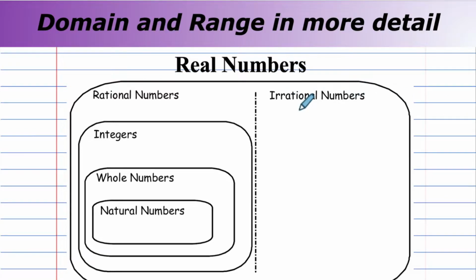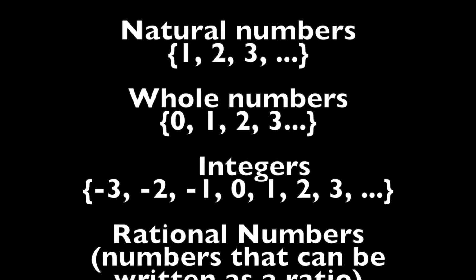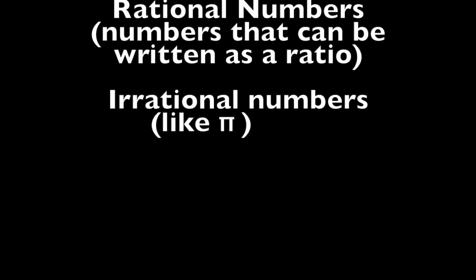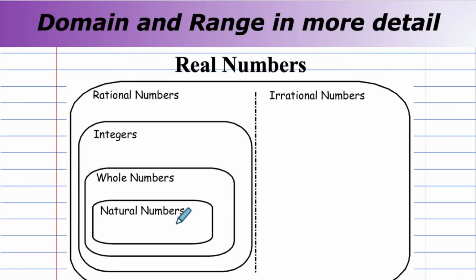So if you're going bigger than or equal to 3, you're including all of the numbers, all of the irrational numbers and the rational numbers. Oh, pi is included because it's 3.14, etc. So all of the real numbers are included.